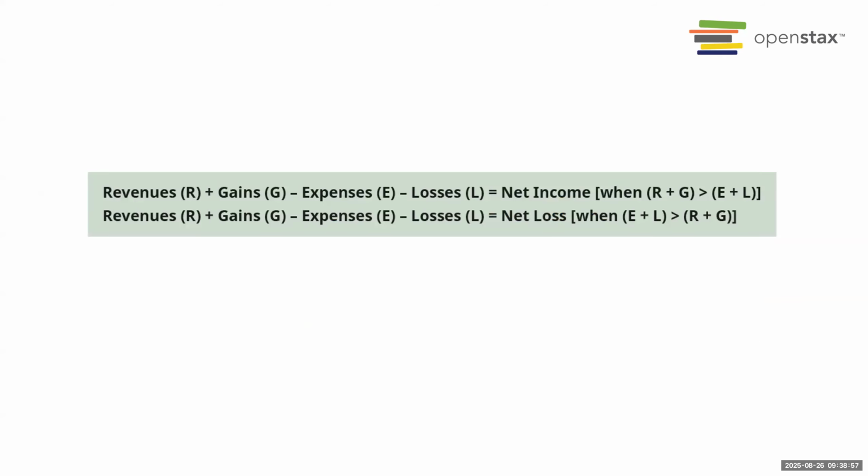Expanding on what we said with revenues and expenses, with gains and losses added: revenues plus gains minus expenses minus losses equal net income if the revenues and gains are greater than the expenses and losses. And conversely, if the revenues and gains are less than expenses and losses, then that is a net loss.